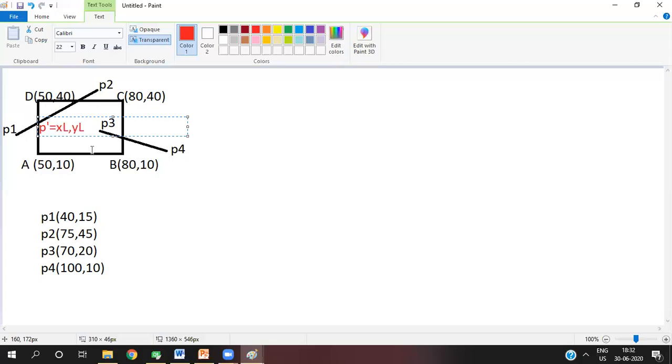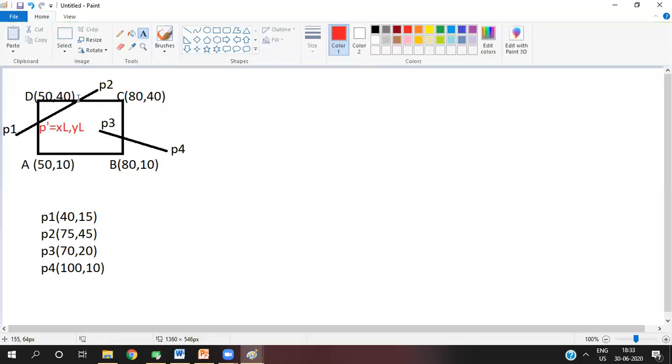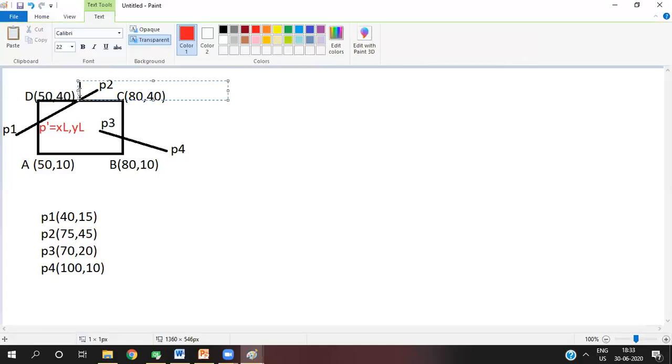Intersection point name is P dash is equal to XL, YL. Another point is here at the top, so I will name it as XT, YT, P double dash. Okay, this is the intersection point over here.